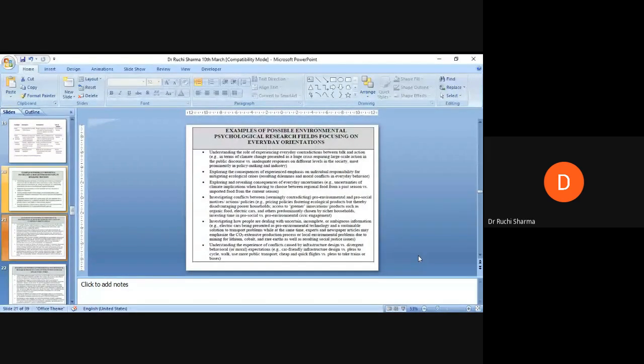Next comes our everyday orientation. Important environmental psychological insights can be gained by addressing basic pillars and constitutional principles of everyday life.